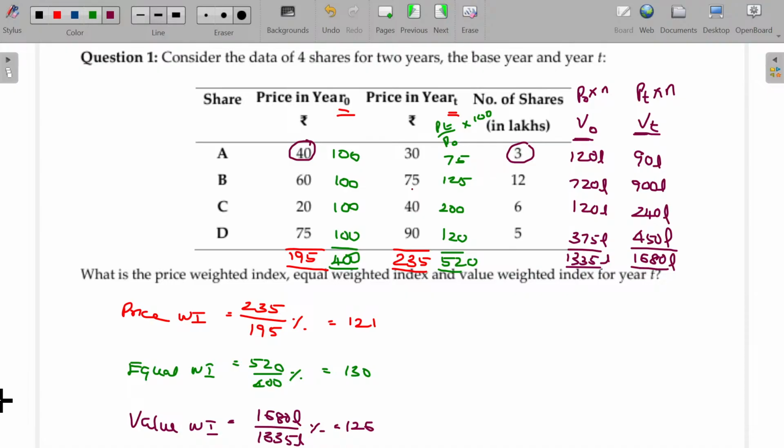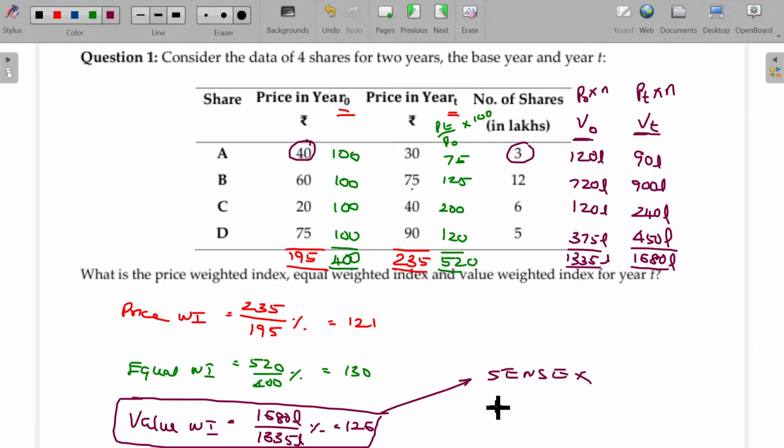So, what is the use of this, sir? This is the method followed by the Indian stock markets for determining Sensex as well as Nifty. Sensex and Nifty. Is that clear? Sensex is nothing but the sensitivity index of 30 companies.